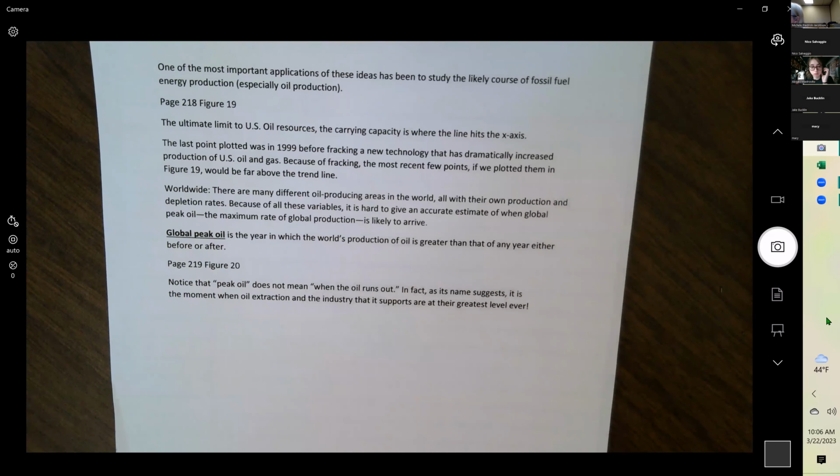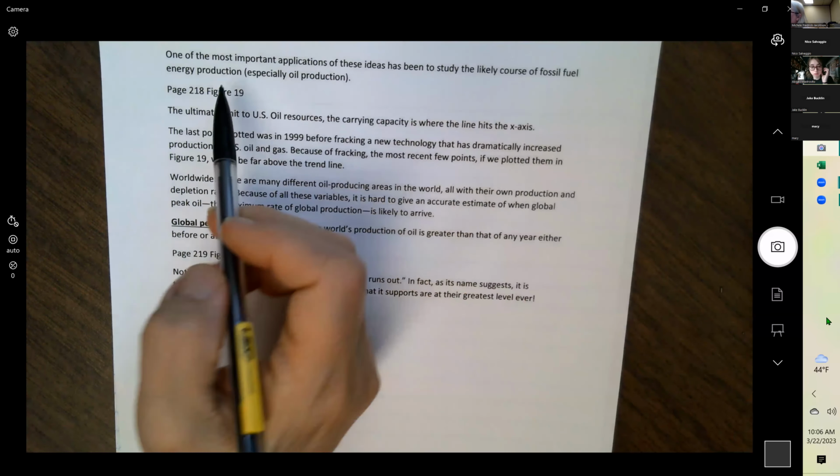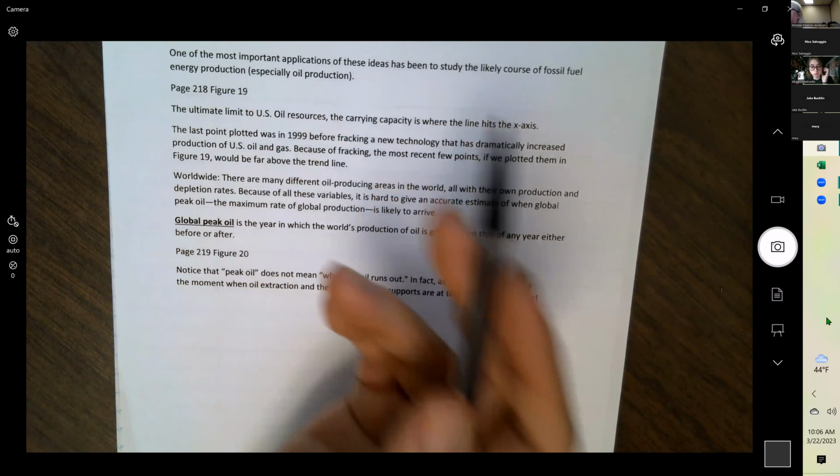One of the most important applications of these ideas has been to study the likely courses of fossil fuels, oil, things like that.